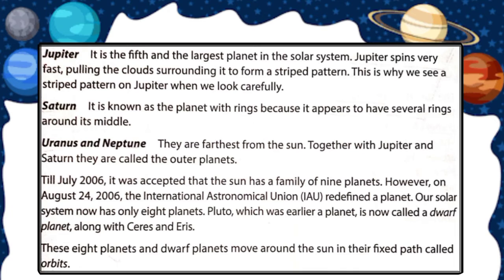Next planet is Saturn, and it is one of the planets that orbit or travel around the sun in the solar system, and it is the second largest planet in the solar system after Jupiter, and it is known for its beautiful rings.